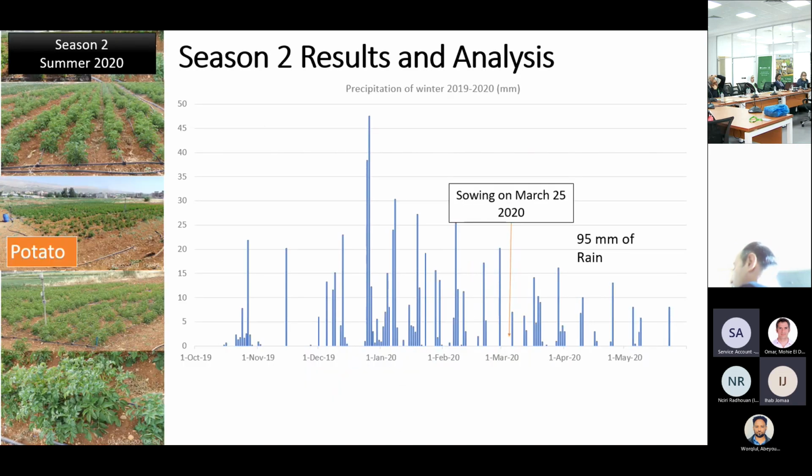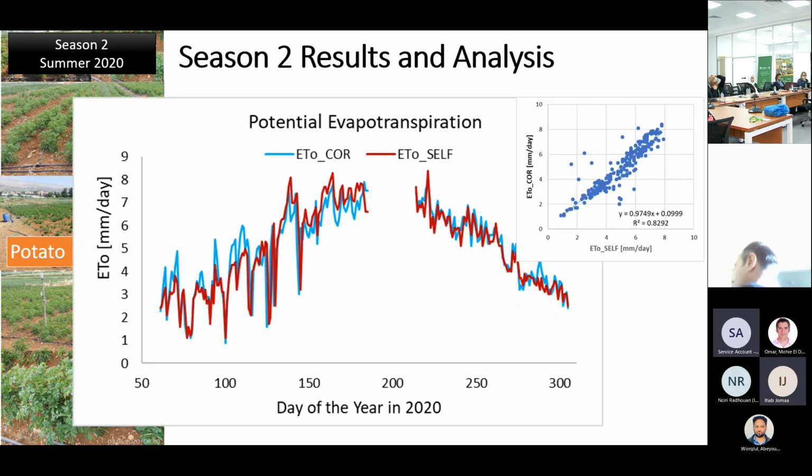Result of season 2: the crop was grown as early season potato, since we have different seasons of potato. We tested the early season of potato, and it was during March 2020.